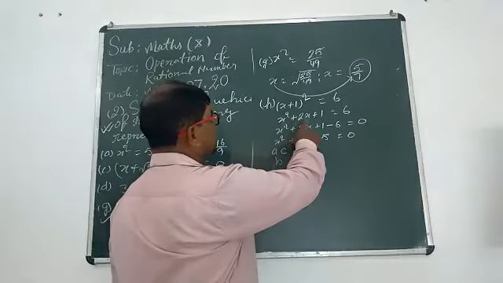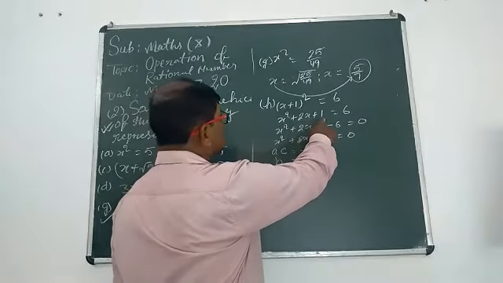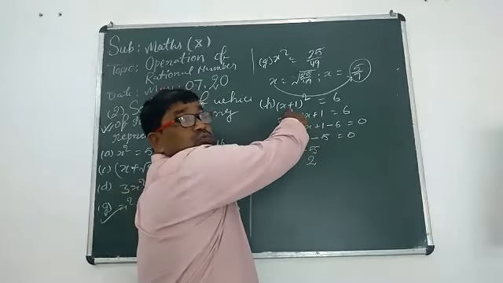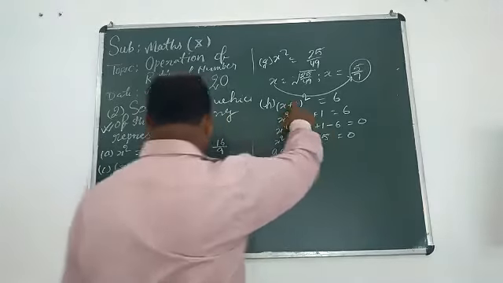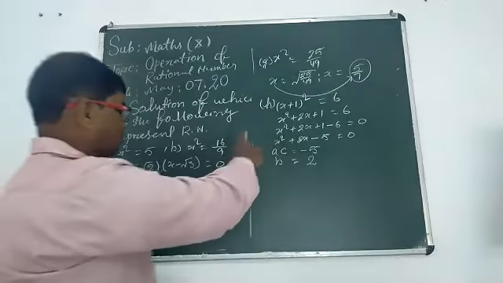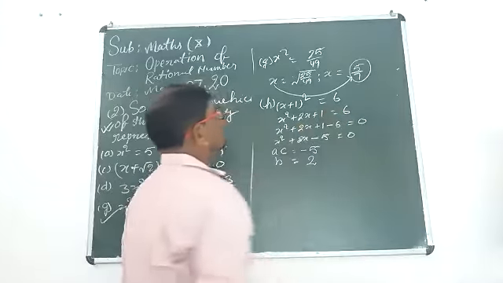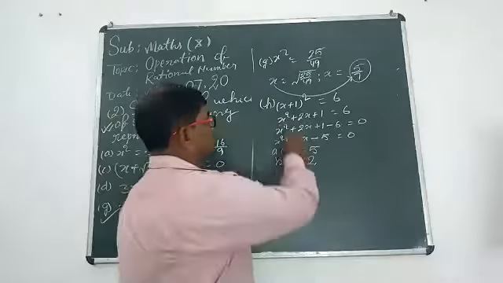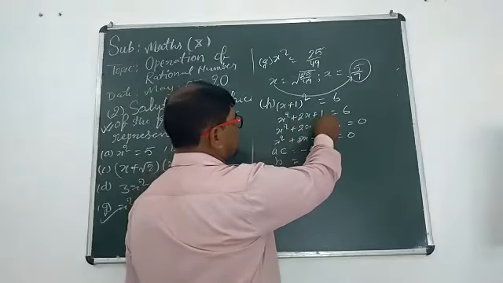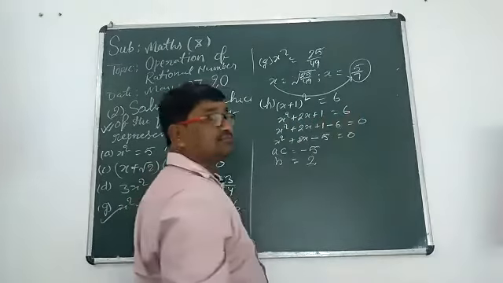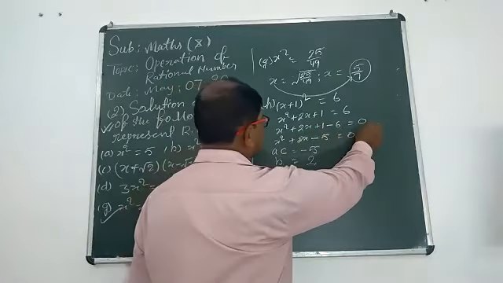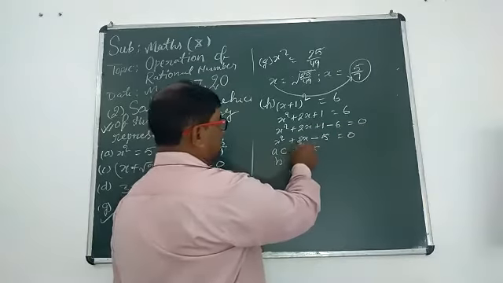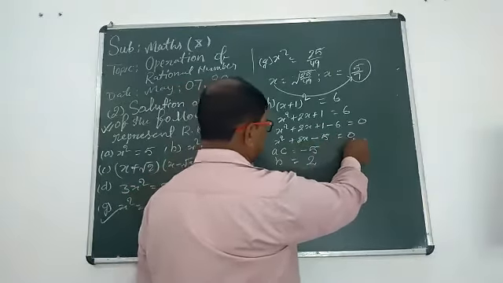X square plus 2x plus 1, that is whole square of x plus 1 equal to 6. Solution is this: x square plus 2x plus 1 equal to 6. Now x square plus 2x plus 1 minus 6 equal to 0. Now x square plus 2x minus 5 equal to 0.